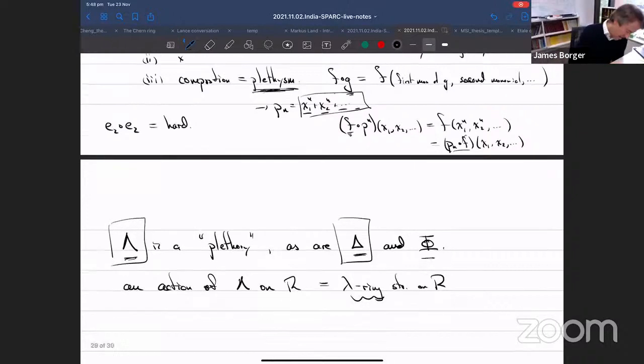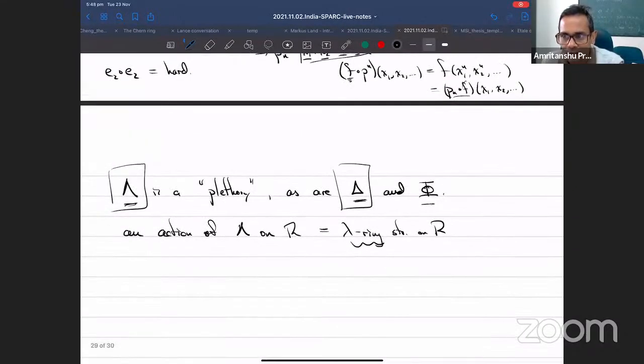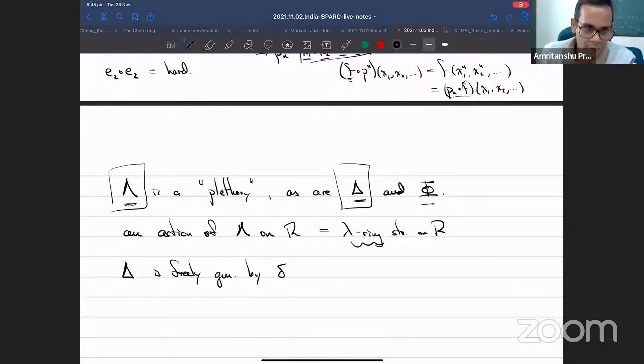Oh, right. Is that plethysm with P to PK? Yeah. Actually, they're not just analogous. They're built out of each other. Delta is freely generated by a single operator, delta.